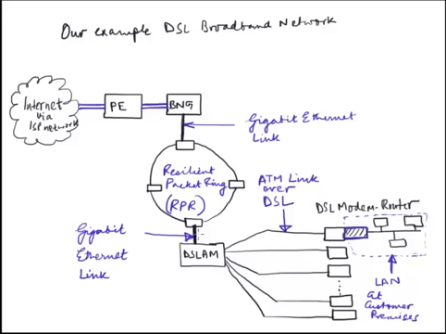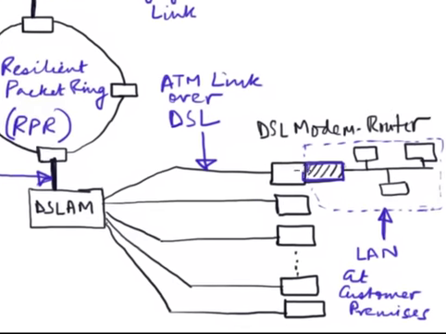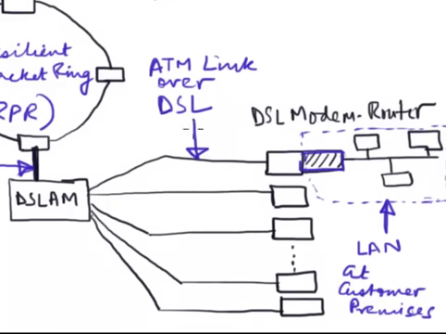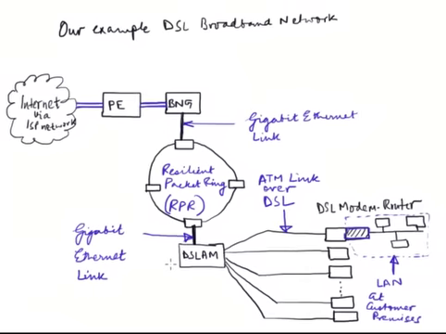Here is a typical topology of DSL broadband network designed for triple play services, that is, data, video, and telephony. In our example network, the link between DSLAM and DSL modem is asynchronous transmission mode, or ATM, and the uplink between DSLAM and BNG is gigabit Ethernet based.